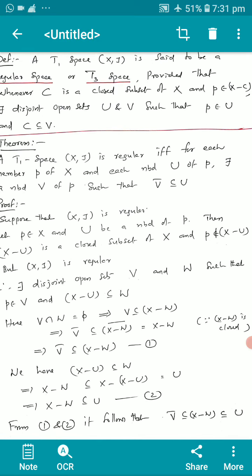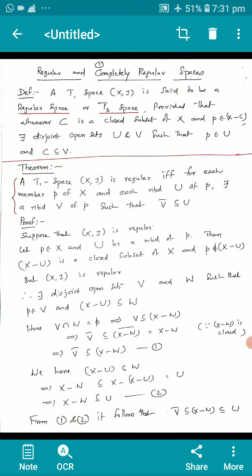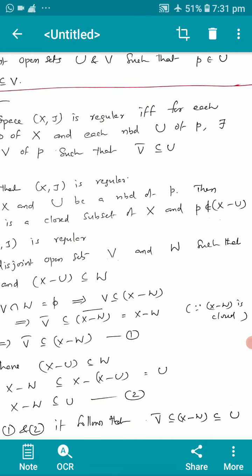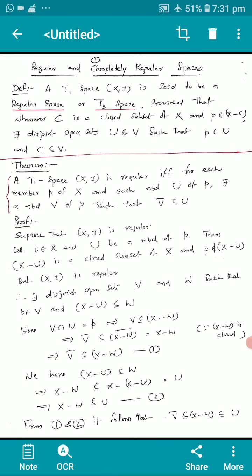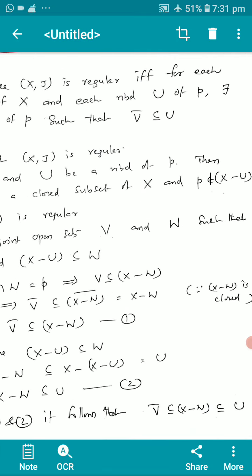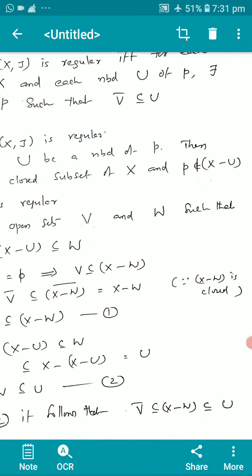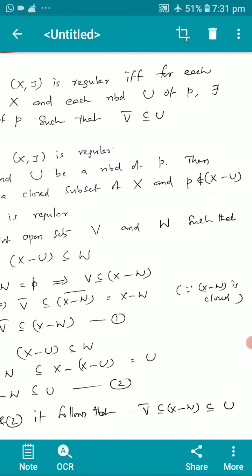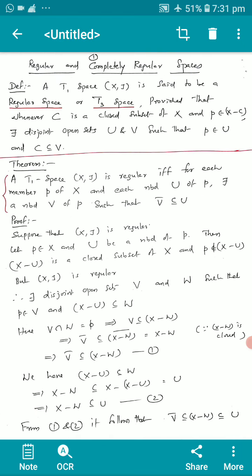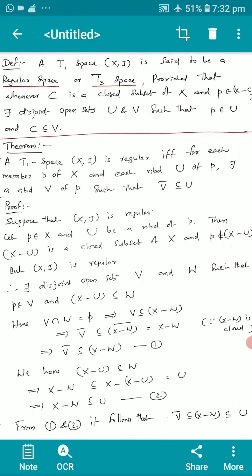Here, V intersection W is equal to phi, which implies V is a subset of or equal to X minus W, which implies V bar is a subset of or equal to the closure of X minus W, and X minus W is already closed, so the closure of X minus W is X minus W. This implies V bar is a subset of or equal to X minus W. That is the first result.